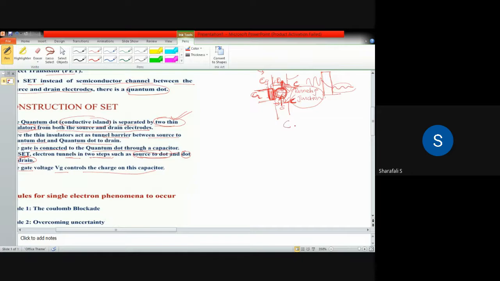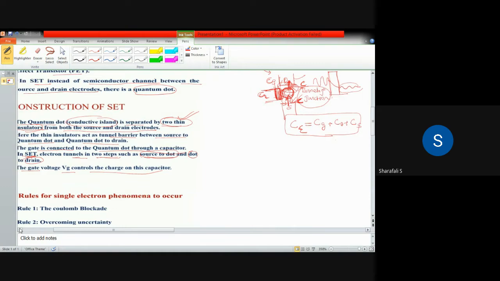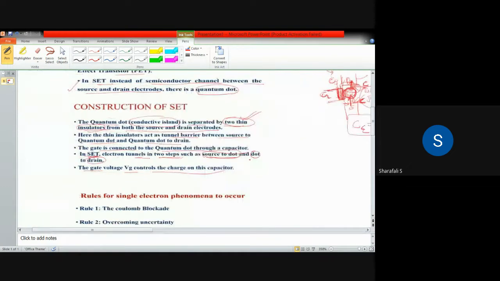So the total capacitance will be the summation of these capacitances: Cg plus Cd plus C source. This Vg, the gate voltage, will control the charge on this capacitor, and Vg will control the current flow through this quantum dot.